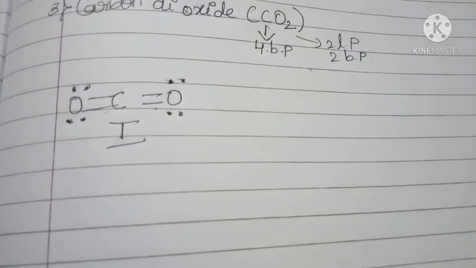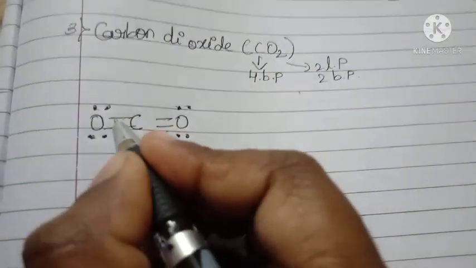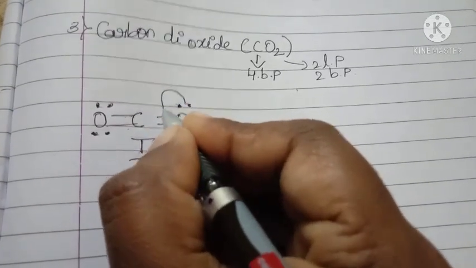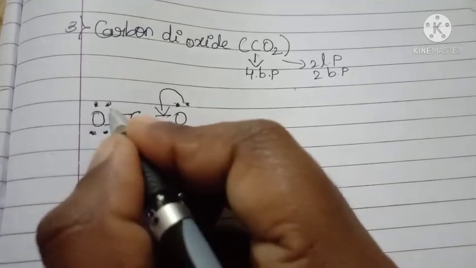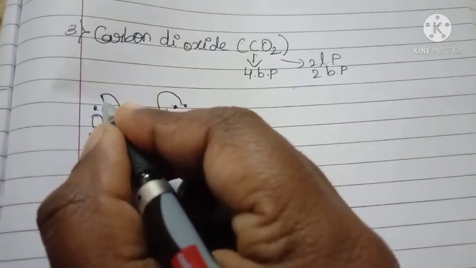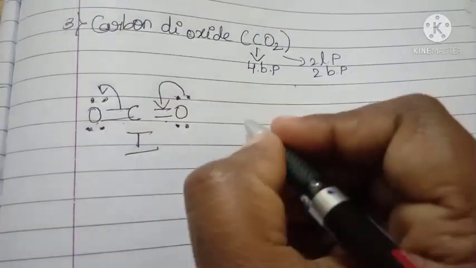Linear shape, bond angle is 180 degrees, and here this lone pair should go to this atom and this bond pair will go to this oxygen atom.